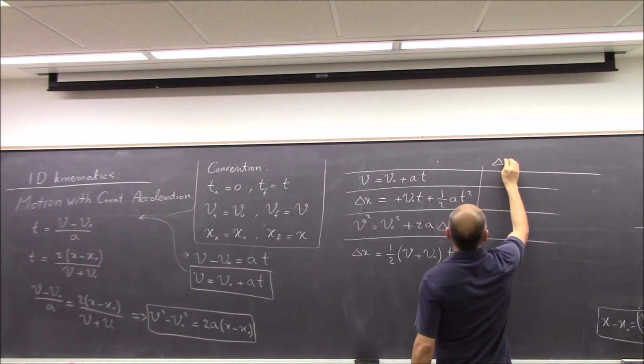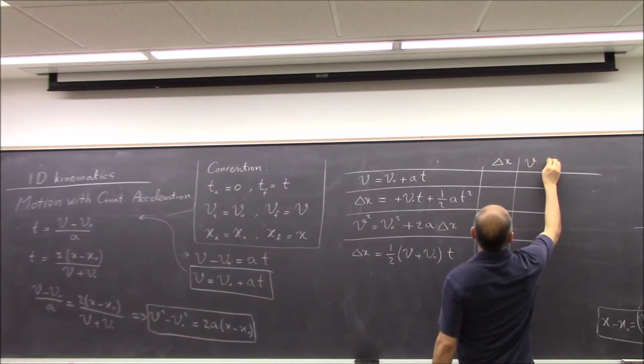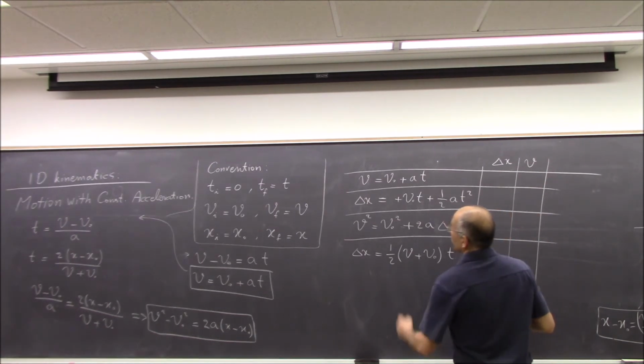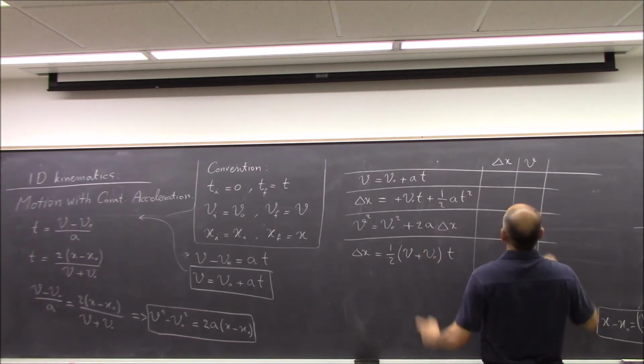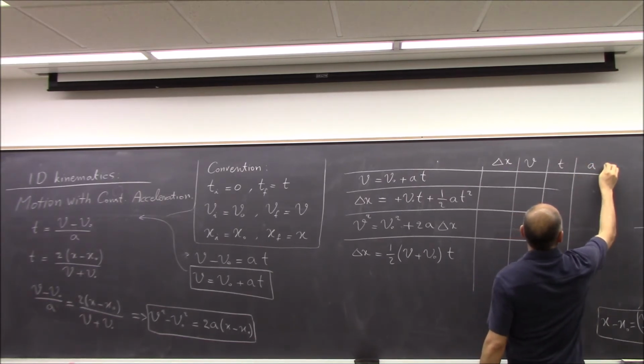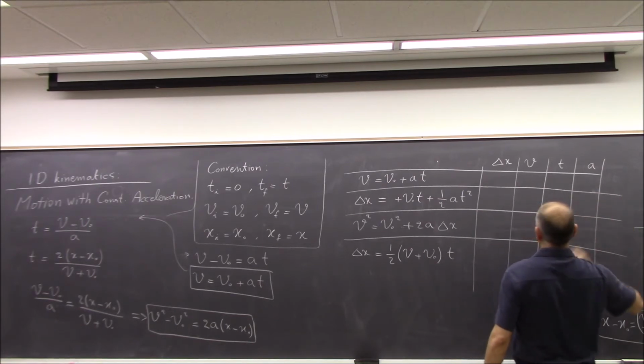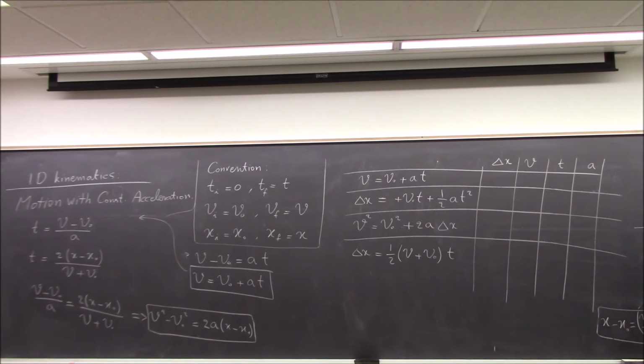One is delta x, one is v, one is t, one is a, and if you want, one is also v naught, but v naught is usually known initial situation.